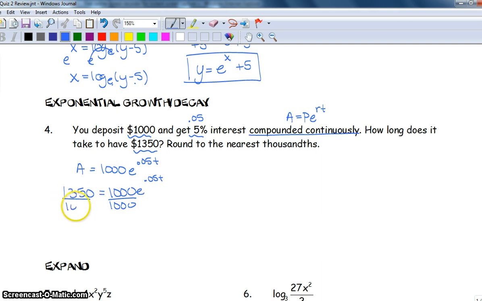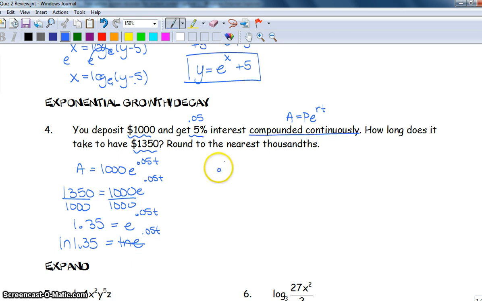So we divide both sides by 1,000, and we get 1.35 is equal to e raised to the 0.05t. Now we want to get rid of our base of e to get to that exponent. So we take the natural log of both sides, and we take the natural log because the natural log and e cancel out.